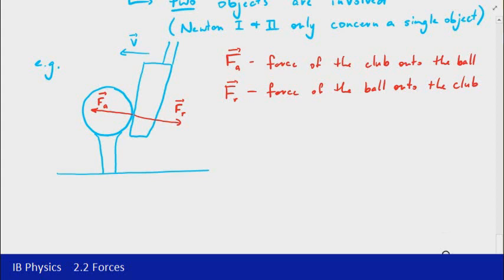You might then think, well, hang on, why is it that the ball moves? The club keeps moving, but the ball's the one that seems to accelerate. The thing to keep in mind there, I'll just jot that question down. In that scenario, if you think about the ball, it now has an unbalanced force acting on it.